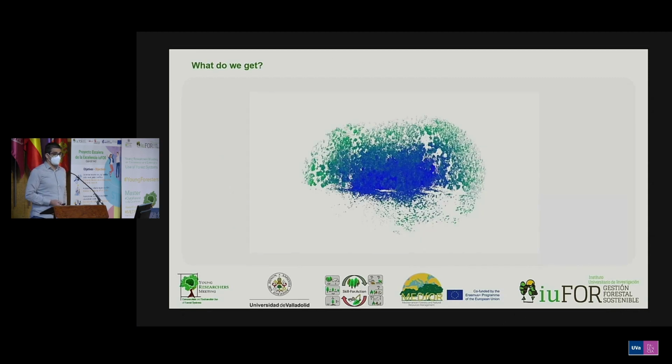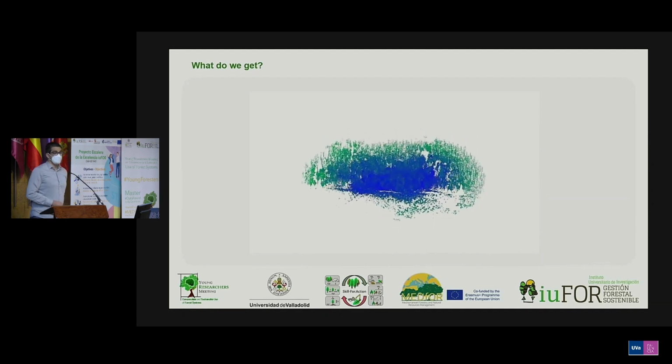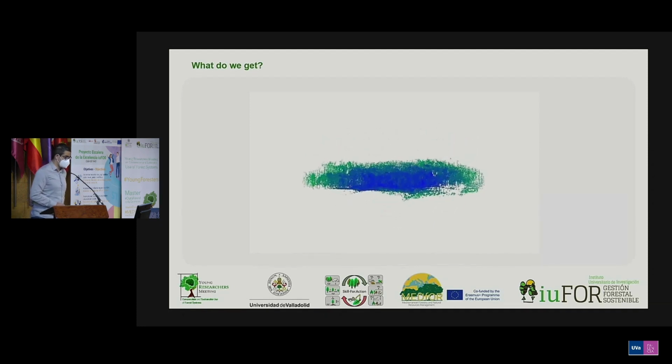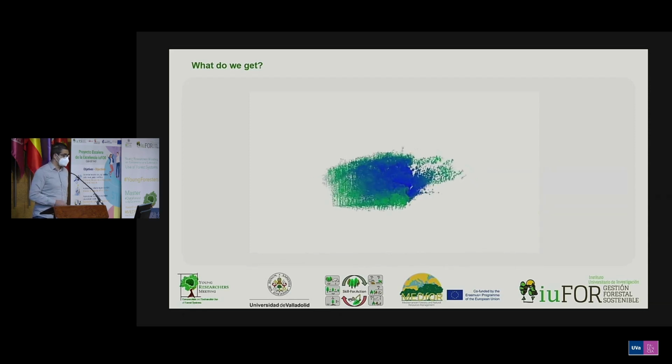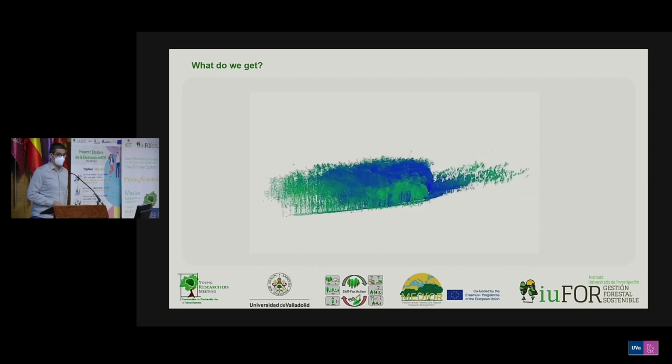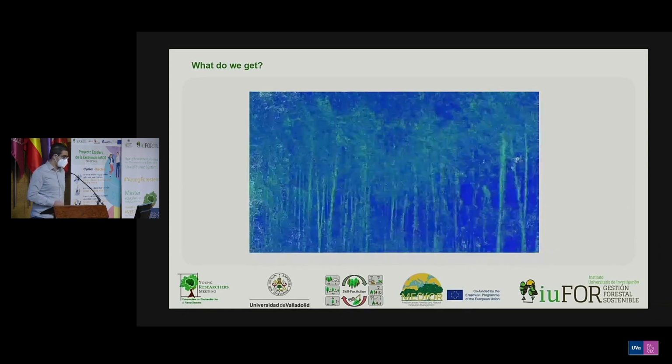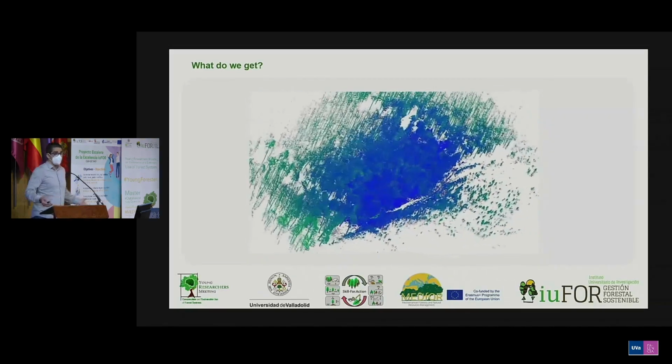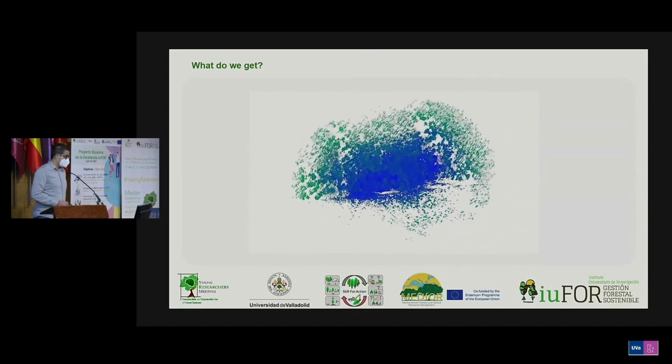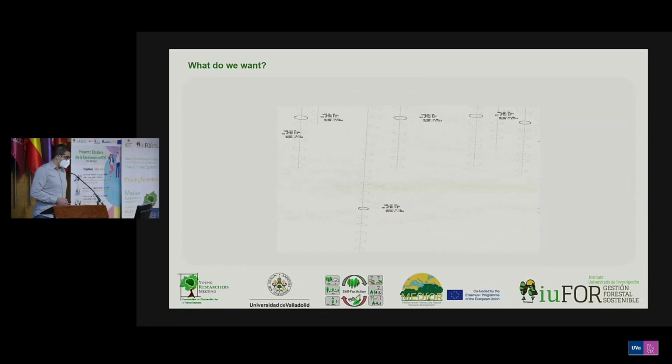What we get from this mobile laser scan is a mess of points. It's like when you see something that's hard to understand, and you think it's wrong, because we got like 100 million points to get something out of. So what do we want to get from these points?